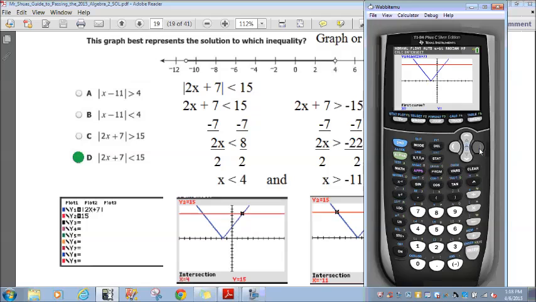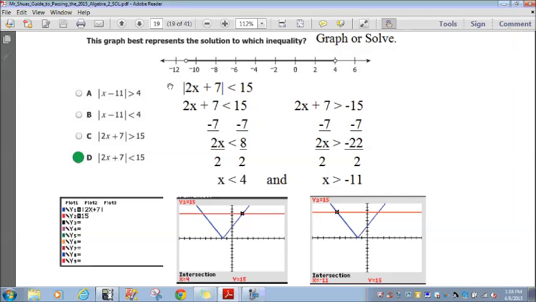And I come back over this way. Okay. It's my left bound. Right bound, guess. And x equals 4. So basically everything in between 4 and negative 11, that solves it. It matches what we have here. Make sense? Okay.